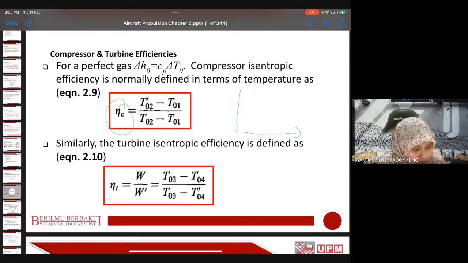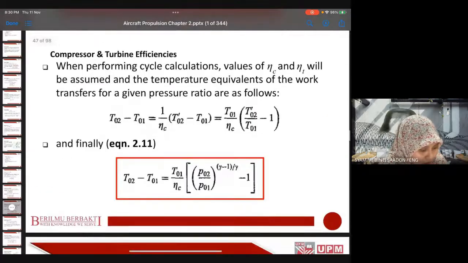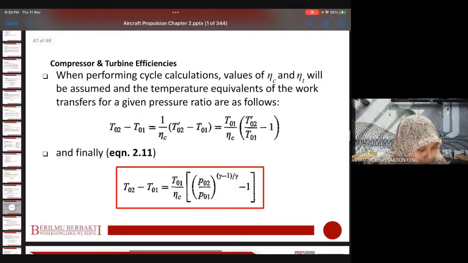Okay, so these are the expressions for compressor and turbine efficiency. Sometimes the compressor and turbine efficiency is around 0.6 or 0.8. Okay, we can also write those equations.